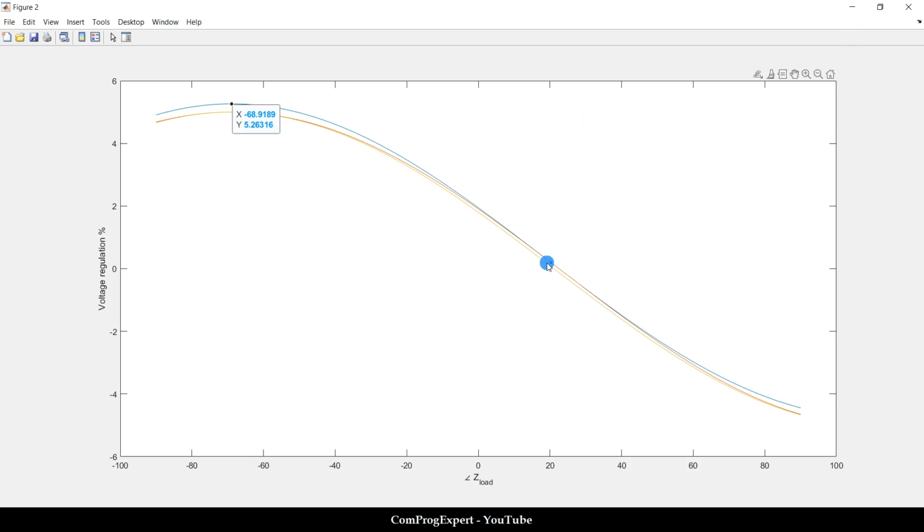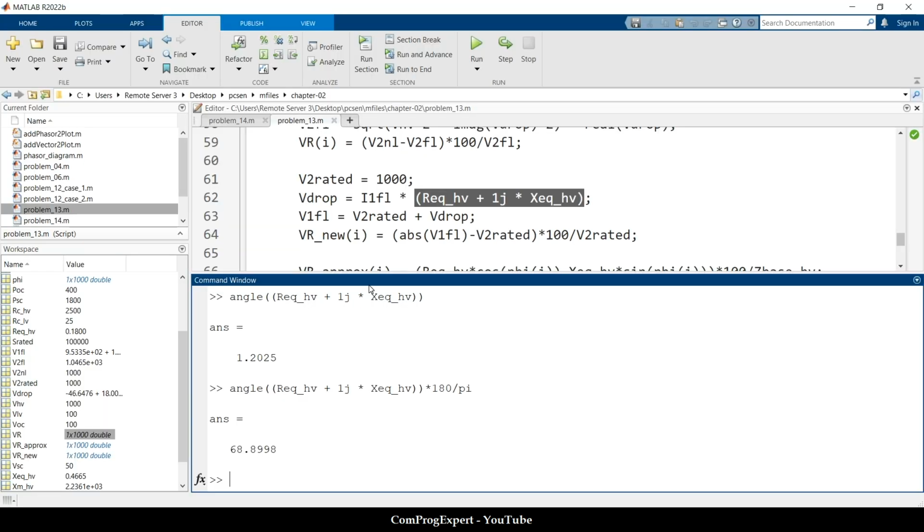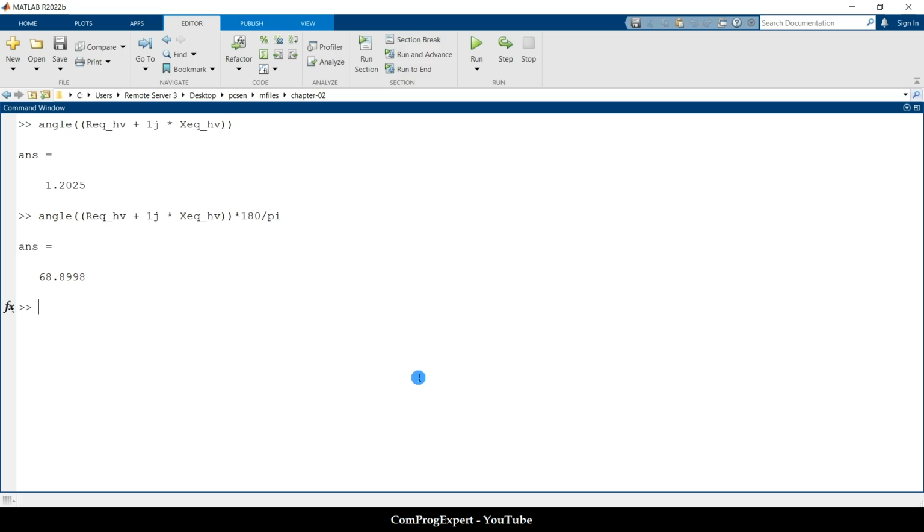And let's add a new point. I want to find the zero voltage regulation, when the value of y is 0, here. When the angle of the load impedance is 22.4, we have zero voltage regulation. Let's check this condition.